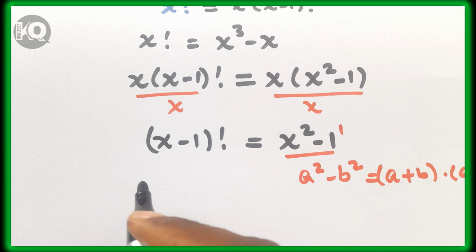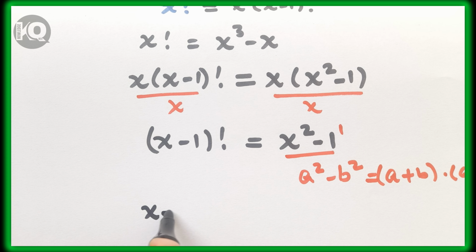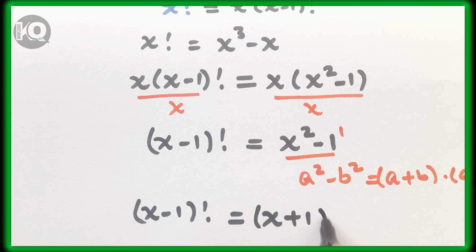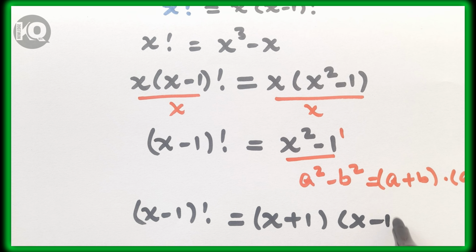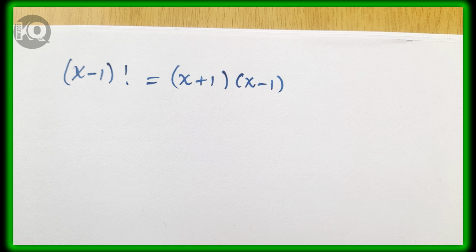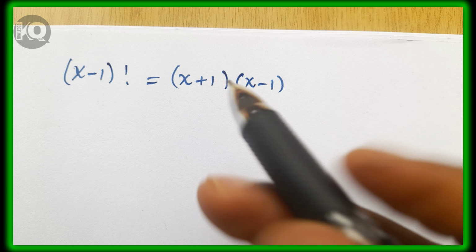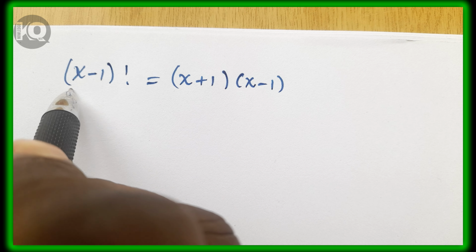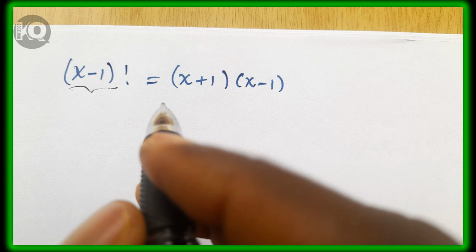So it will be x minus 1 factorial equal to x plus 1 times x minus 1. But we have to simplify this further.